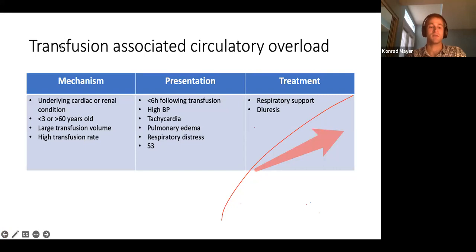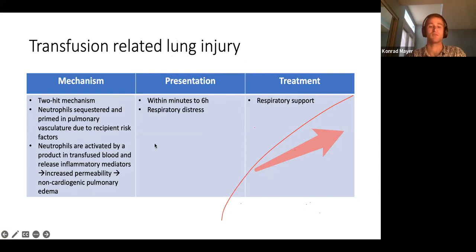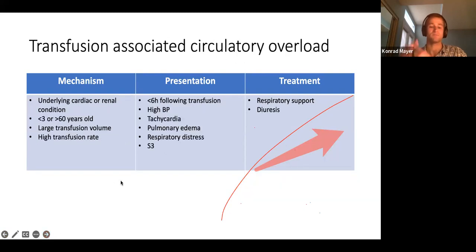So both of these patients, the transfusion-associated circulatory overload and transfusion-related lung injury, will present with crackles and lung sounds. But it is important to know that if it is circulatory overload, you can diurese these patients and solve the problem.